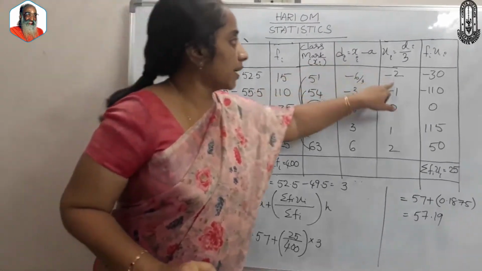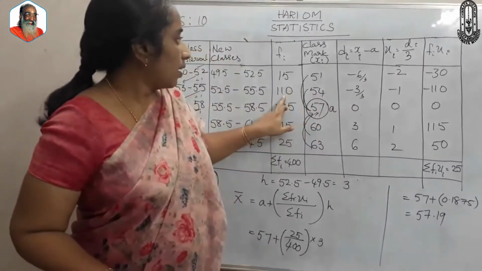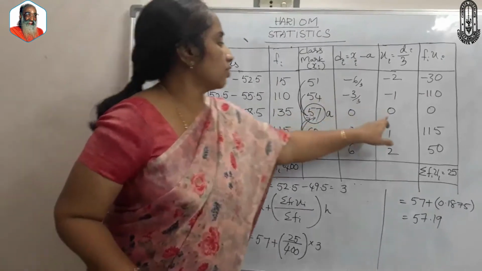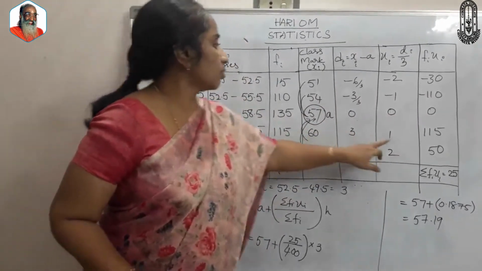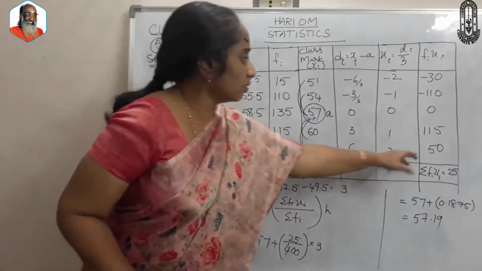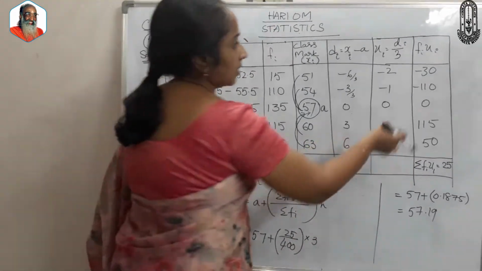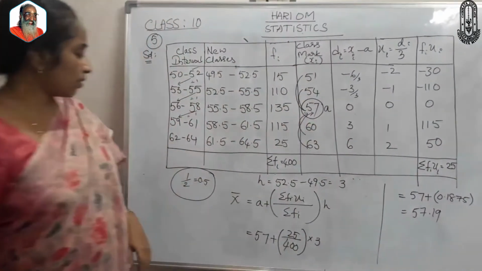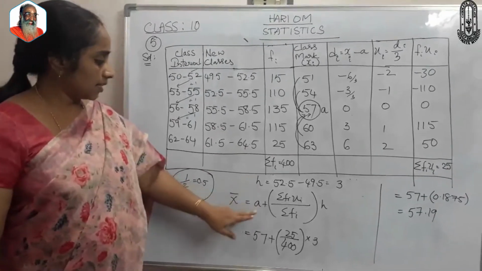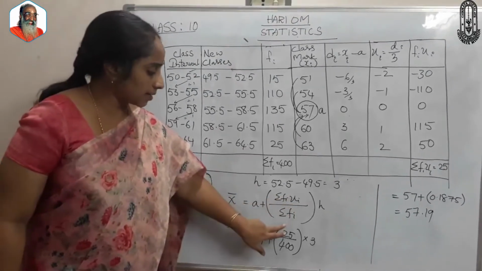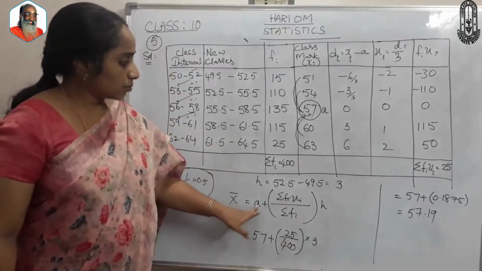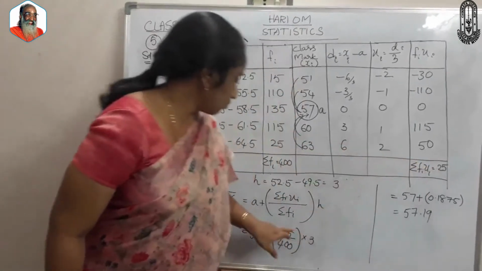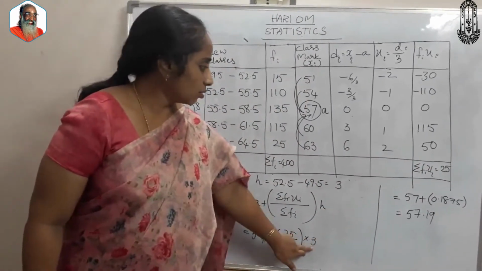Now coming to FIUI. 15 into minus 2, it is minus 30. 110 into minus 1, minus 110. 135 into 0, 0. 115 into 1, 115. 25 into 2, 50. So the sum of FIUIs, sigma FIUI is 25. Coming to the formula, x bar, that is the mean of this data, is equal to A plus sigma FIUI by sigma FI into H. Assumed mean is 57 plus FIUI is 25 by 400 into 3.